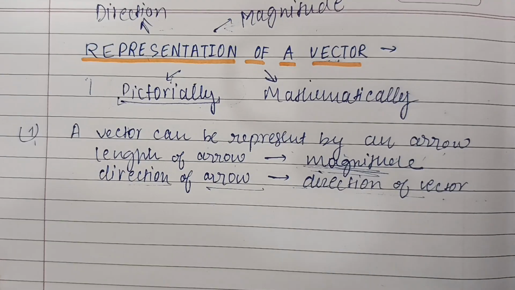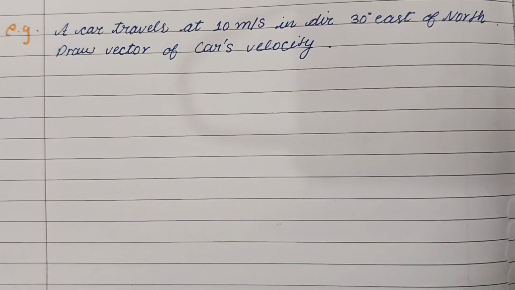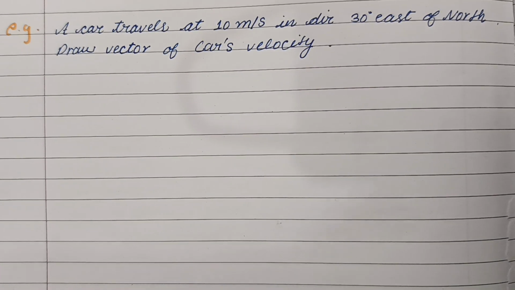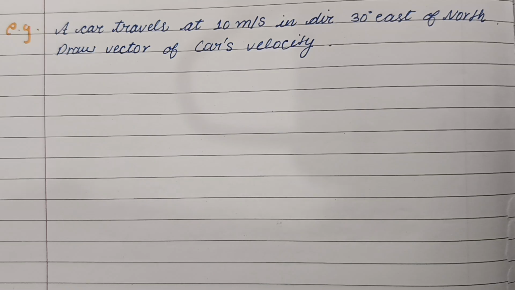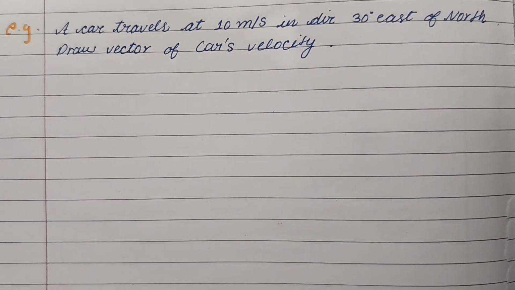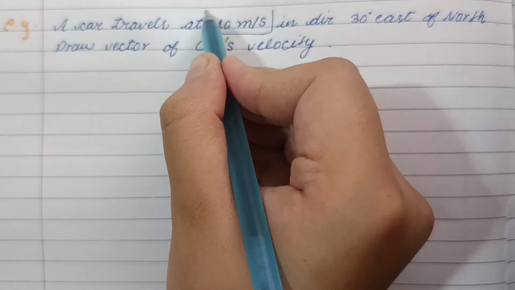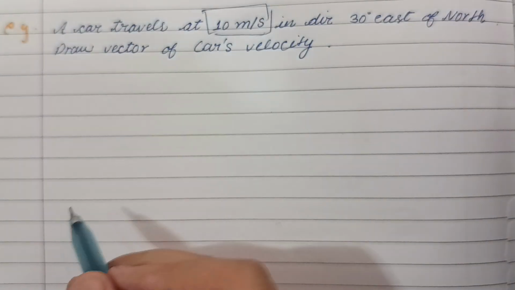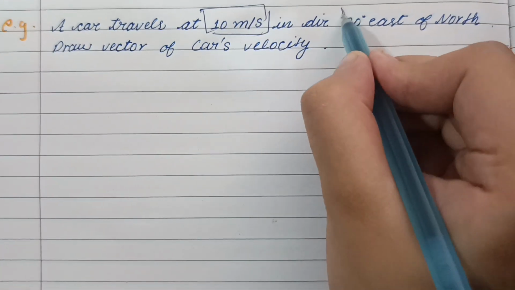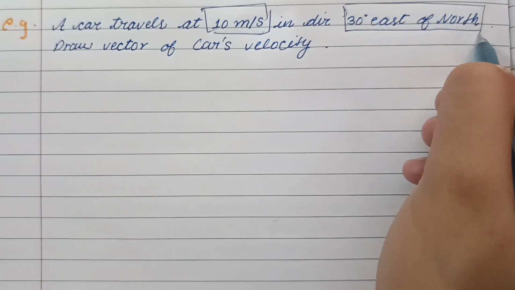So now let's take an illustration. For example, a car travels at 10 meters per second in direction 30 degrees east of north. Draw the vector of the car's velocity. In this question we are given two pieces of information: the magnitude of the vector is 10 meters per second and the direction is 30 degrees east of north.